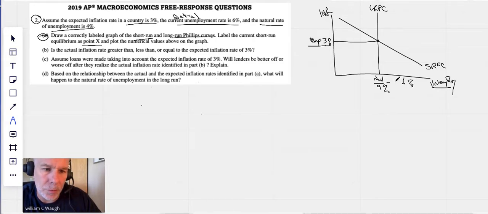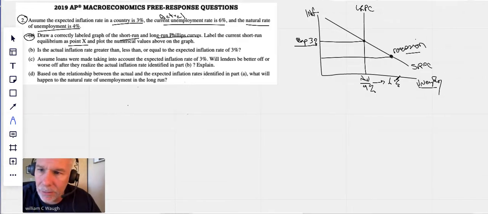Unemployment is 6%, right? This implies that our unemployment rate is greater than the natural rate. So we have what we call a recession. We need to know that because the College Board loves that language right there.